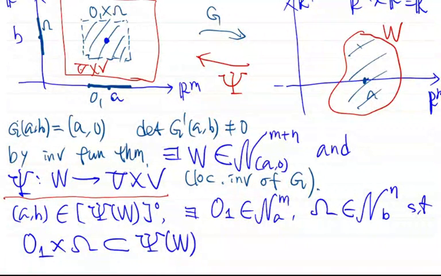So O is a subset around a in here. This is our O. It's a subset of O1. We take this O. Obviously, this O is open.